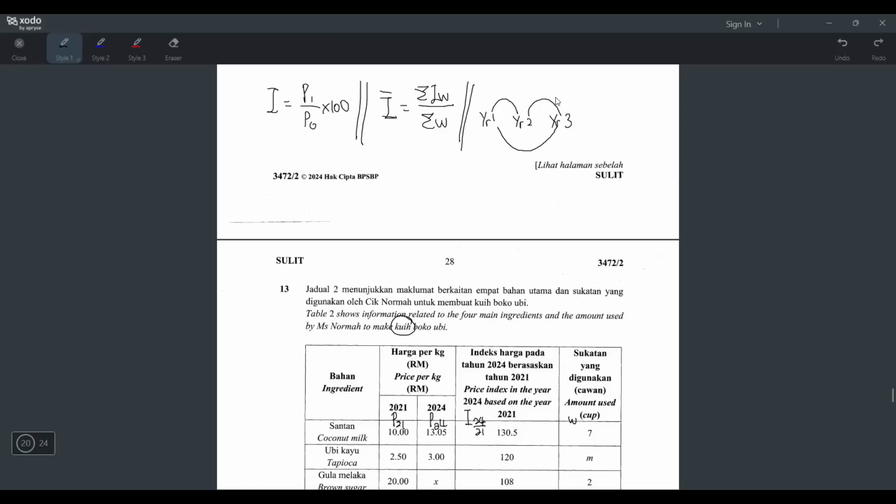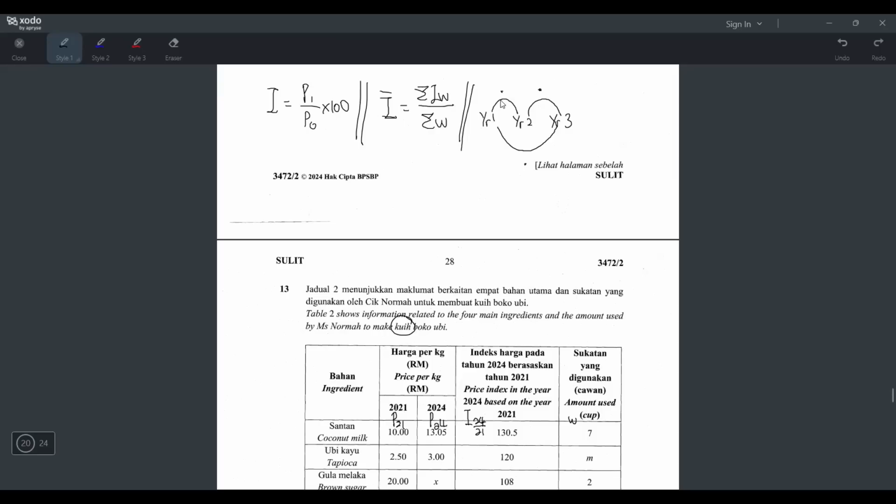But when you write the years, you have to follow the order, from the oldest year to the newest year. Okay, you have to write in the order like this. And then for this and this and this, you will use it to write the index. But you can also use it to write composite index. Yeah, this one can be used for index, and can also be used for composite index.